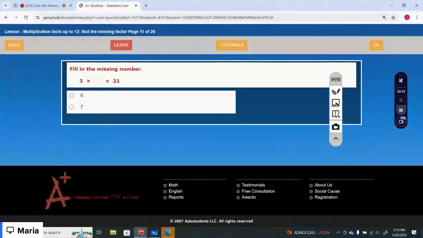3 times what number is 21? 3 times 7 is 21. The correct option is 7.